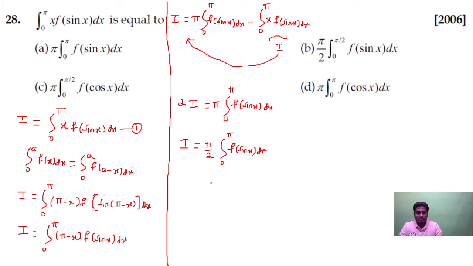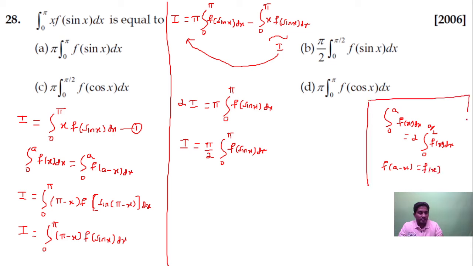So what I'll do is, integral 0 to a f of x dx can be written as 2 times integral 0 to a by 2 f of x dx, if f of a minus x is equal to f of x. If you change x to upper limit minus x, you get back the same thing.